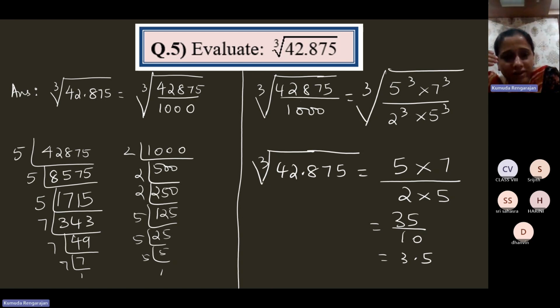Then factorize the numerator, factorize the denominator. The numerator is 42,875. Factorize that and factorize the denominator using prime factors only. Then write the factors in powers of 3 because you have to find the cube root. Then from 3 equal primes, 1 prime out. So like that, and you see the answer is 3.5.